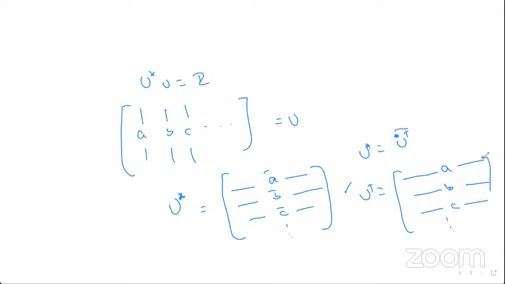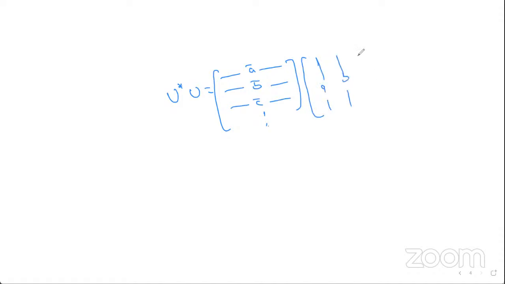And then we take the conjugate of it, which means we take the conjugate of each element. So when we multiply this U star with U, which basically means we are doing this, multiplied by A, B, C, D, and so on.